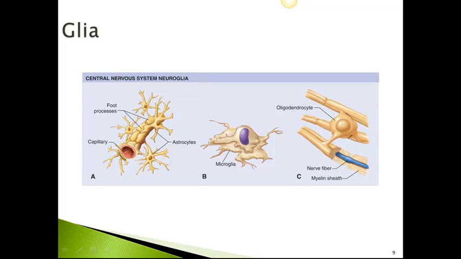So you have the blood vessel here, and then they have little extensions. In B, the microglia are enlarged and perform phagocytosis in the central nervous system. Oligodendrocytes have extensions that form myelin sheaths around the axon in the central nervous system, as you can see here.